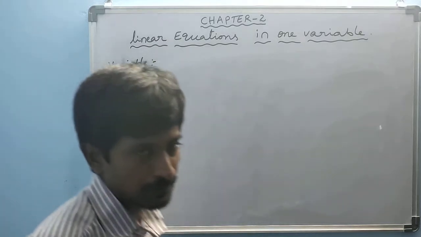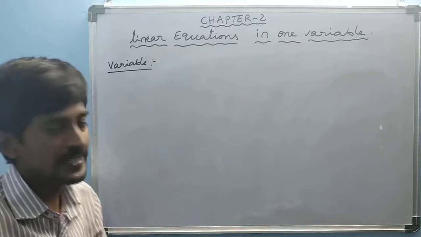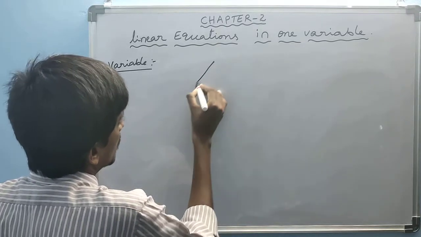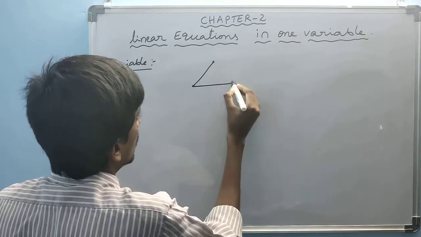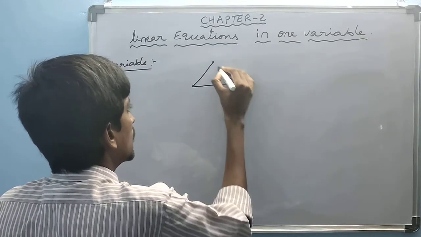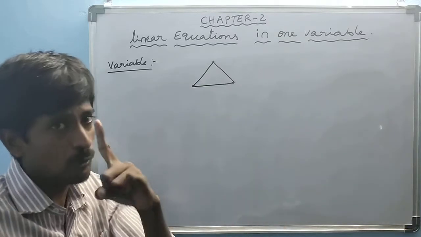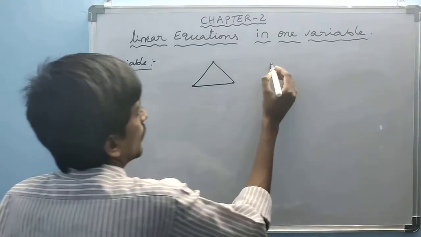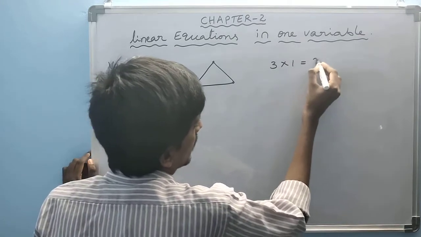What is a variable? Variable means, for example, three matchsticks are needed to construct one triangle. Is it right? Okay. Three matchsticks needed for one triangle equals 3.